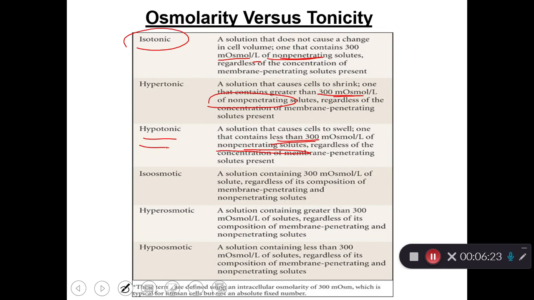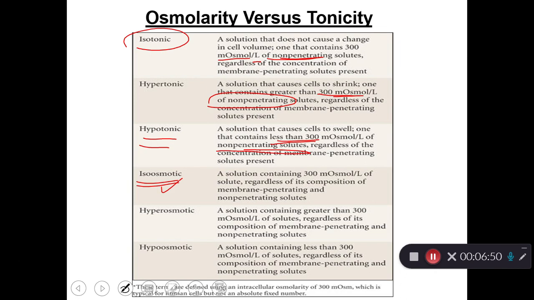On the other hand, isosmotic is the total concentration. So if the total concentration is 300 milliosmoles of everything, regardless if it is penetrating or non-penetrating, this is isosmotic. Hyperosmotic is the total concentration of more than 300 milliosmoles of anything, regardless.